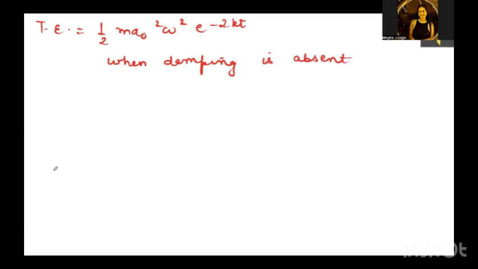Now, since energy is equivalent to E is equivalent to E naught e raised to the power minus of 2kT, ये भी बोल सकते हैं. Okay, so from here we can say P power dissipation will be d over dt of E naught e raised to the power minus of 2kT.